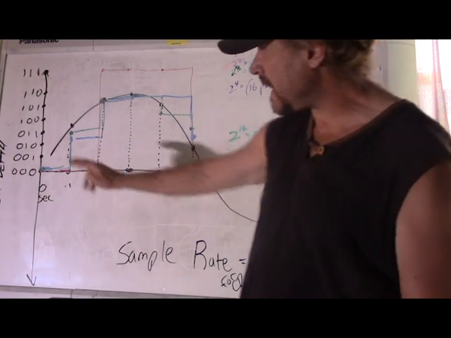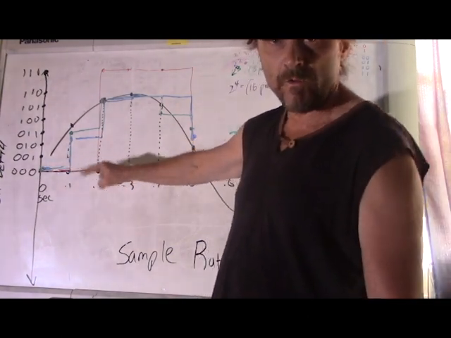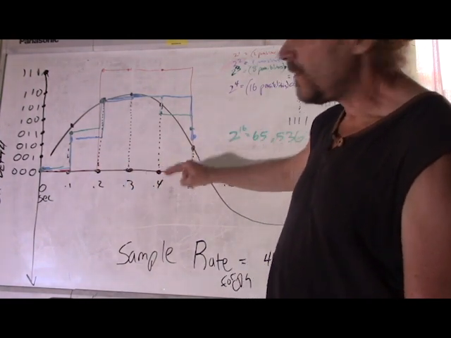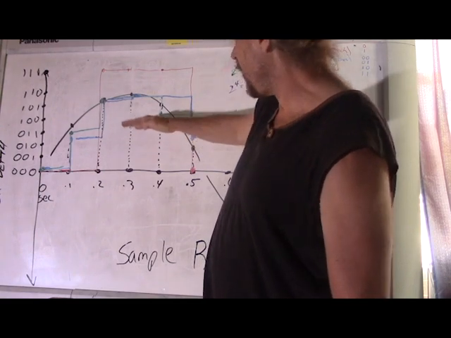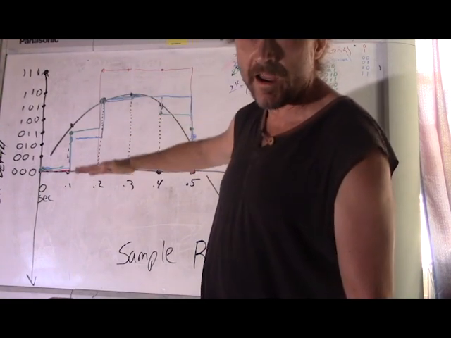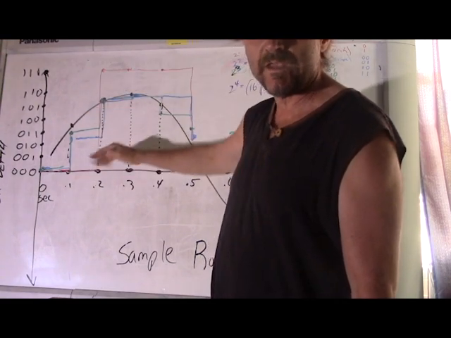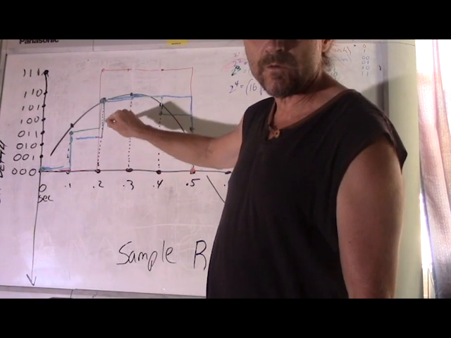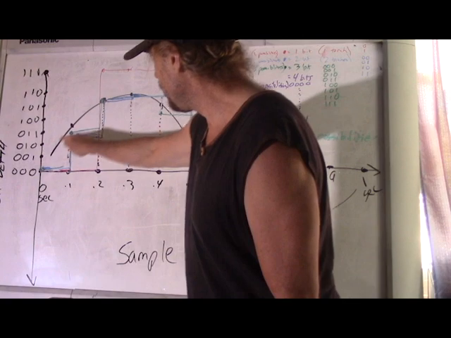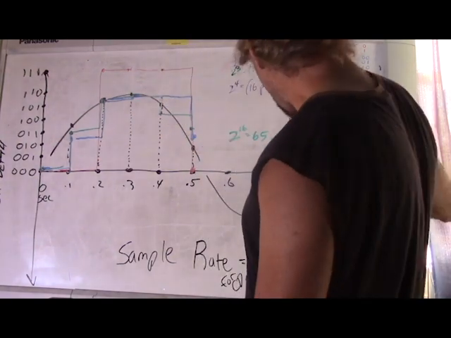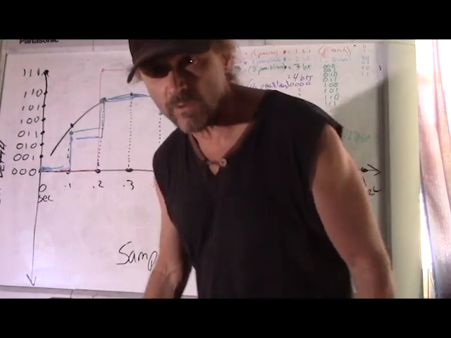And every time we listen all those times, we have 65,536 lines going this way that we can say, ooh, it's here, ooh, it's here.